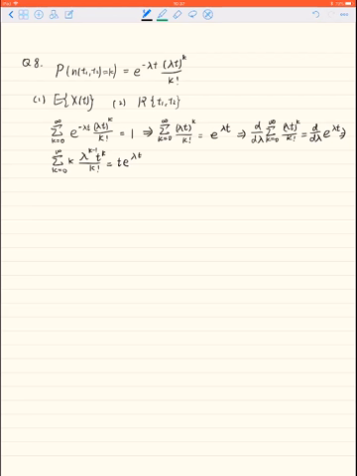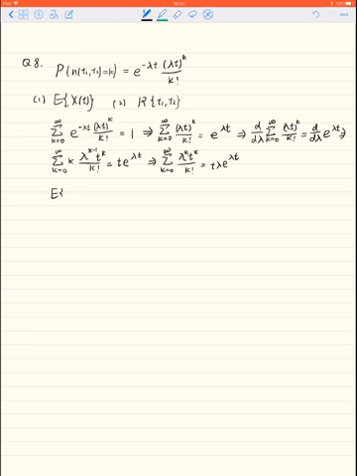Then we can multiply by lambda on each side, and that becomes the sum over k from 0 to infinity of k times (lambda t) to the power of k divided by k factorial equals t lambda e to the power of lambda t.